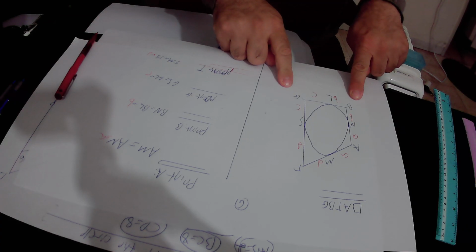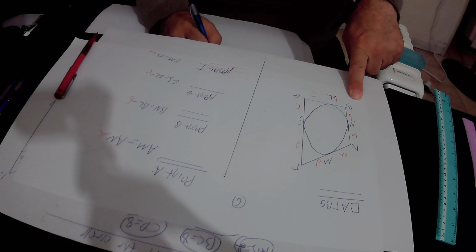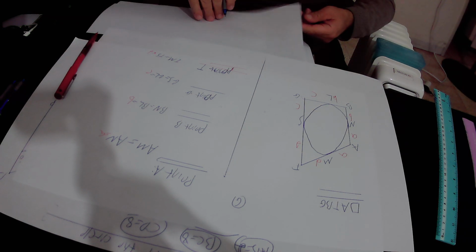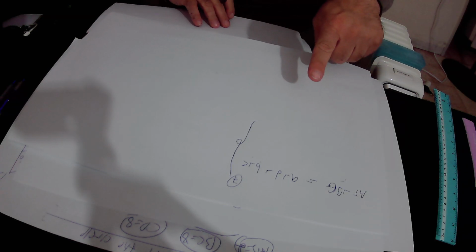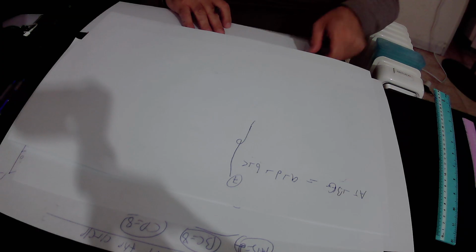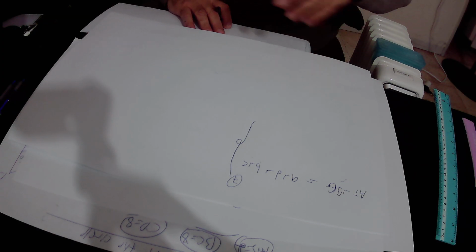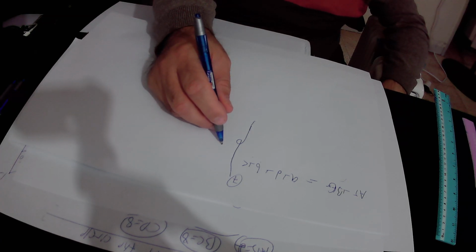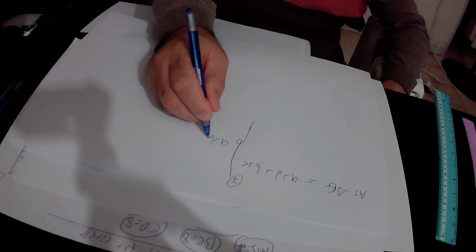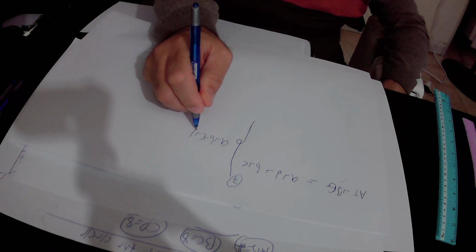Plus BG. From the drawing, it is very easy to see that BG equals b plus c, so we substitute BG by b plus c. In conclusion, we found out that AT plus BG equals a plus d plus b plus c. We can change the order of the variables in such a way that it is equal to a plus b plus c plus d.